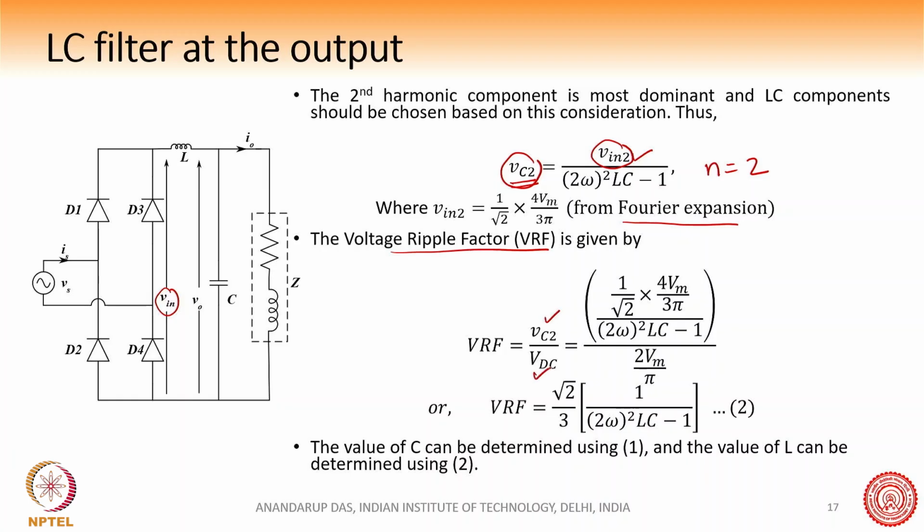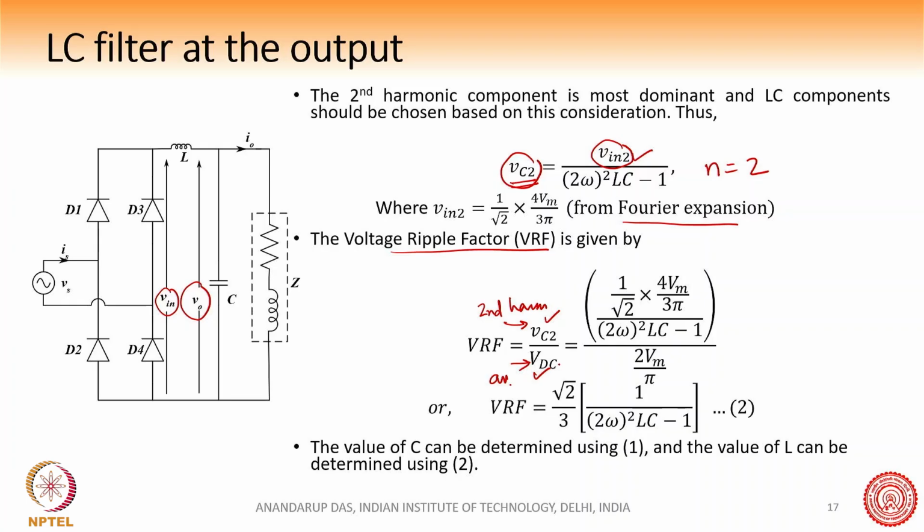It means how much second harmonic component is there on the output side, divided by the average. So this is the average voltage and this is the second harmonic contribution. Basically we are quantifying this with the help of the voltage ripple factor, VRF.